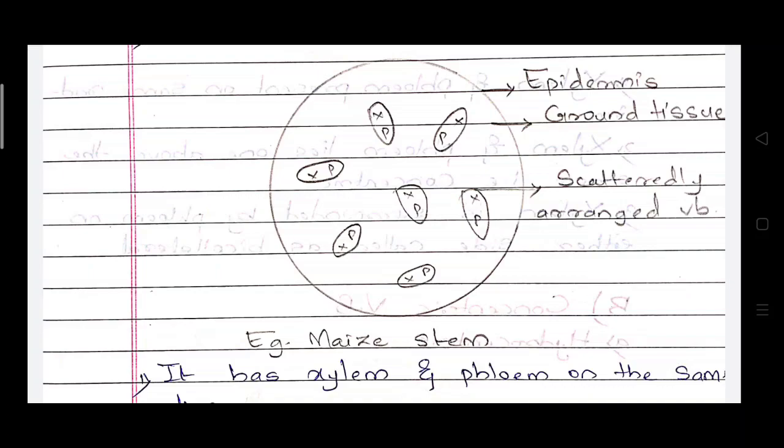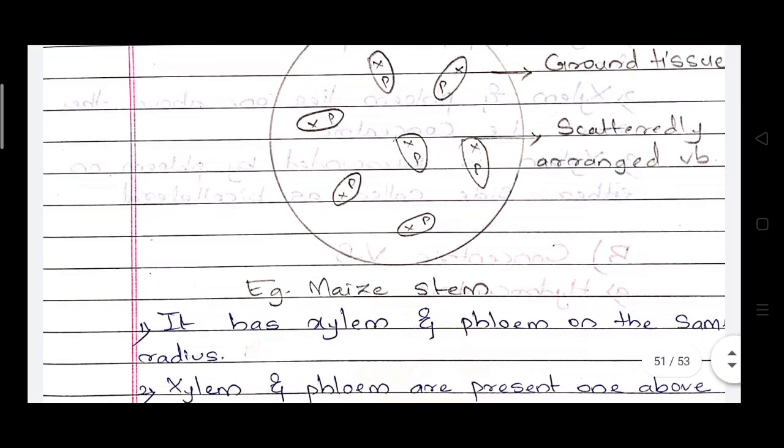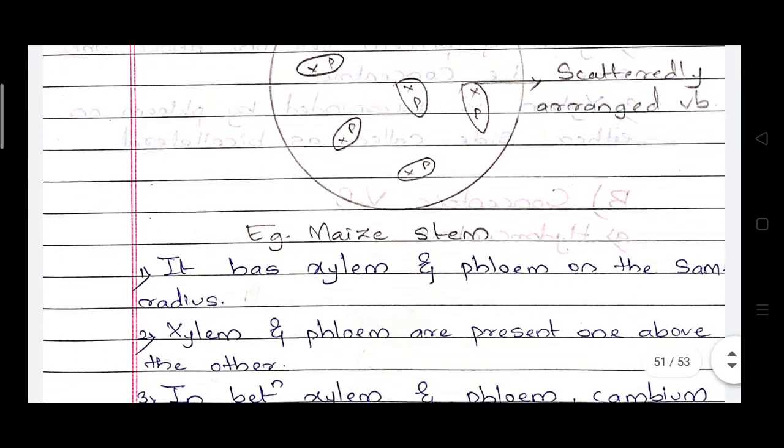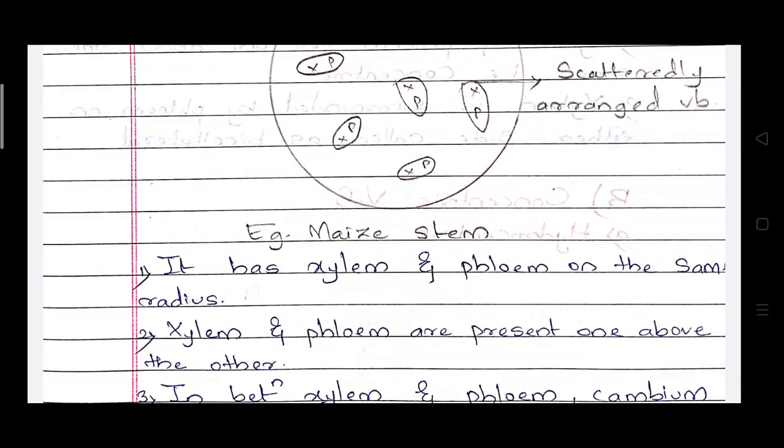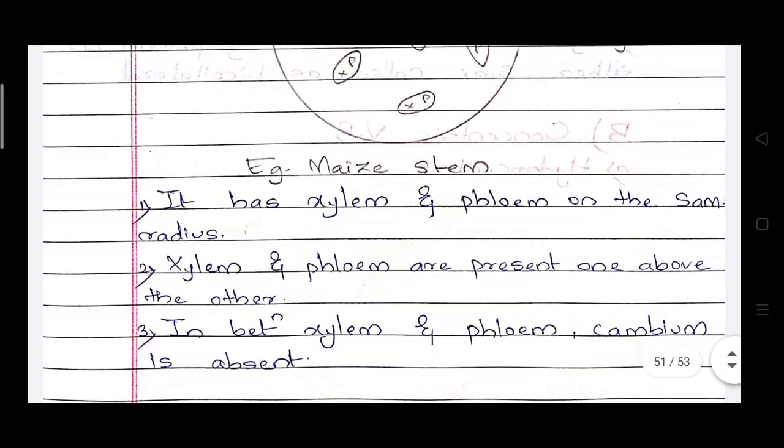In the vascular bundles, the xylem and phloem are present in the same radius. That's why it is called conjoined. Collateral means xylem and phloem are present one above the other. And closed means the cambium is absent in between the xylem and phloem.